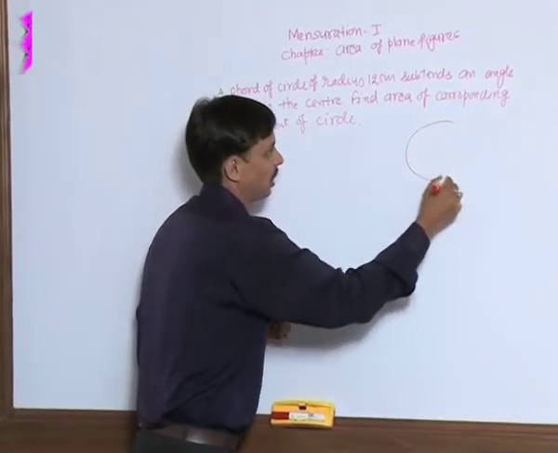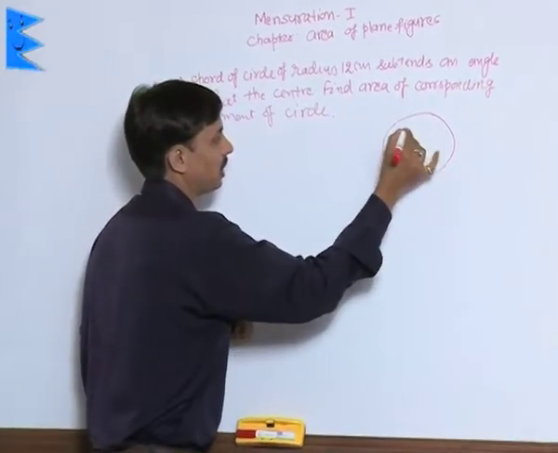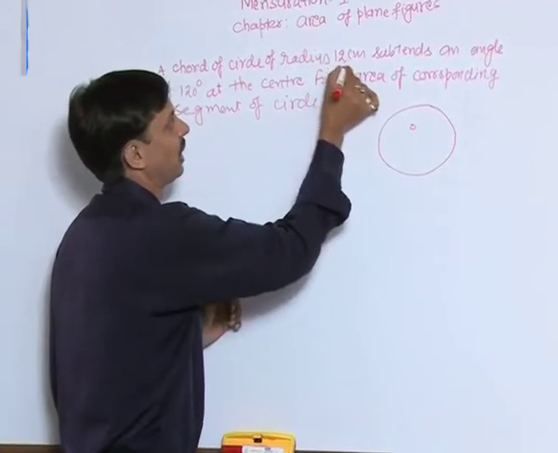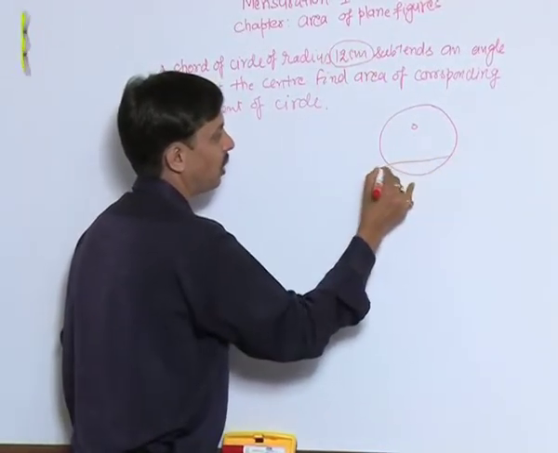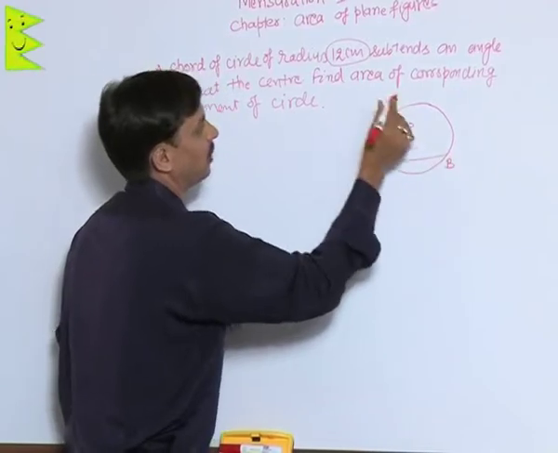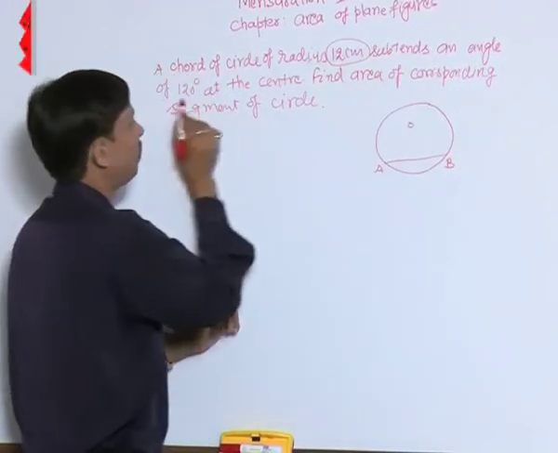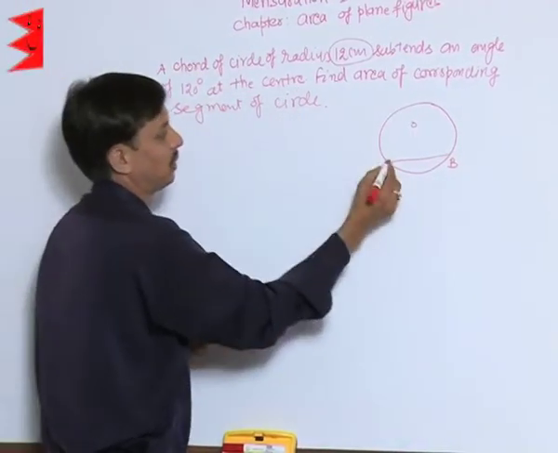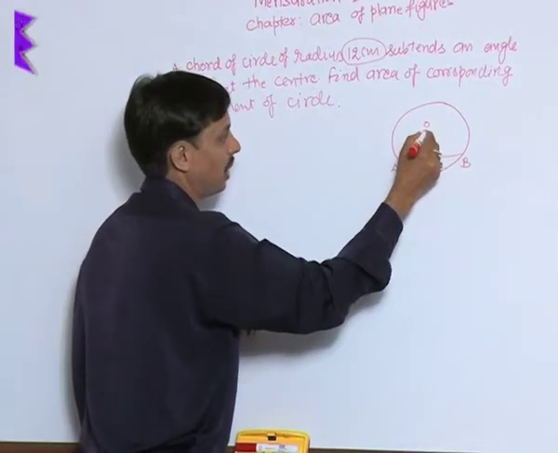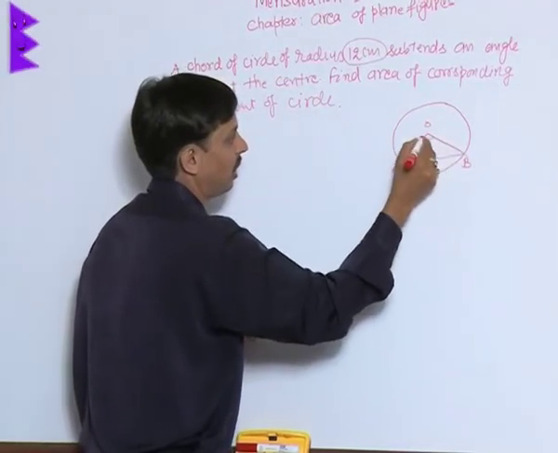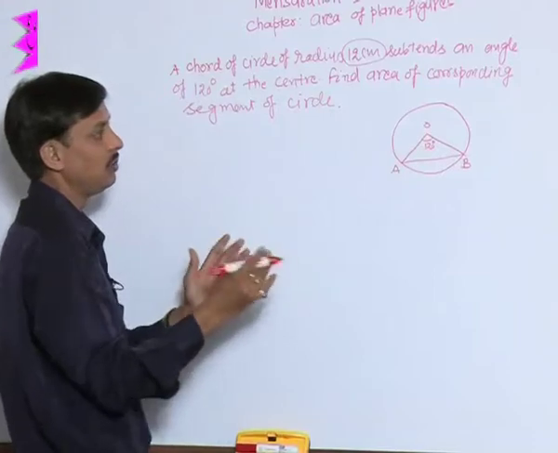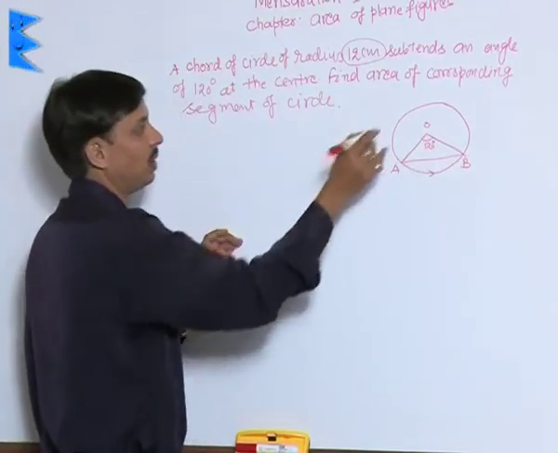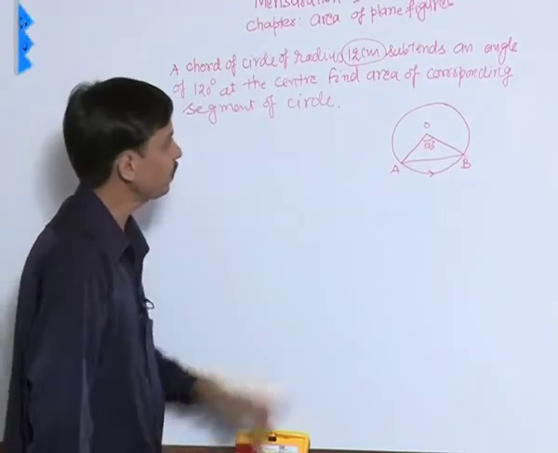This is a circle. Its radius is given as 12 centimeter. There is a chord like this that subtends an angle of 120 degree at the center. So this chord is making an angle of 120 degree at the center of the circle, that is, the degree measure of arc AB is 120 degree.